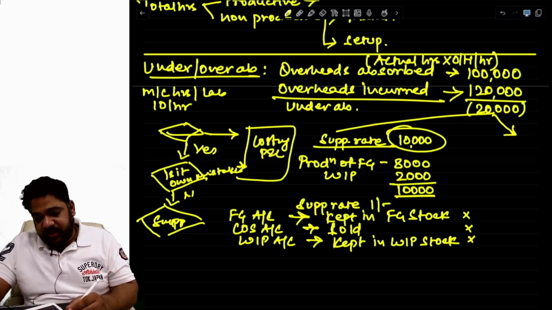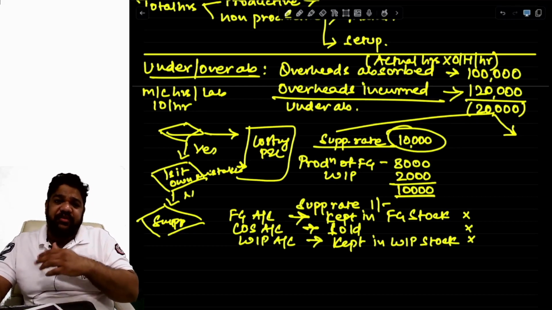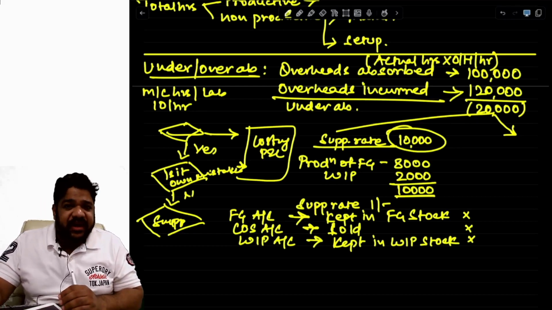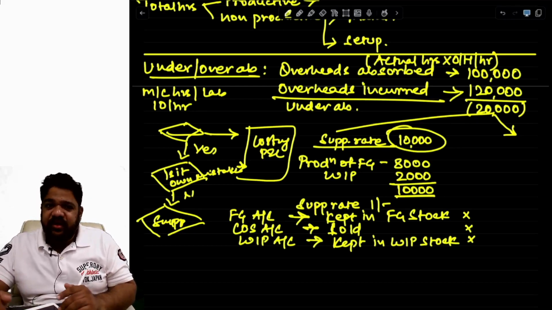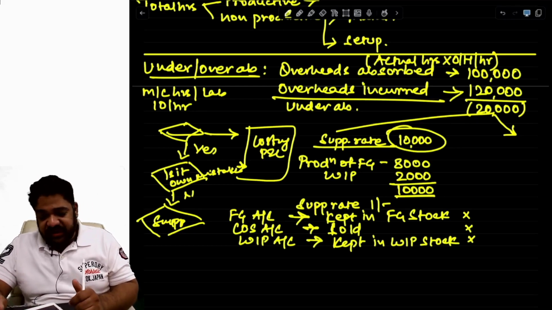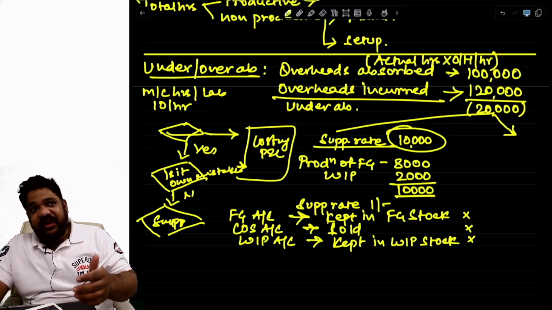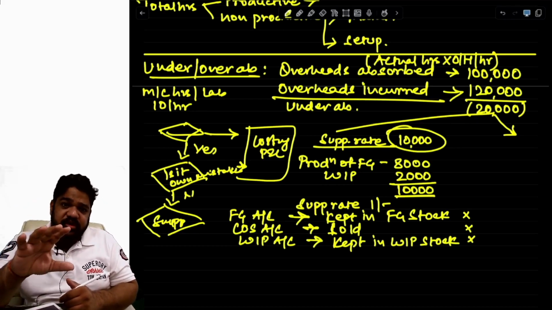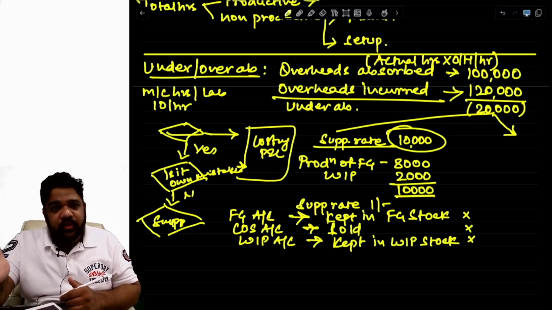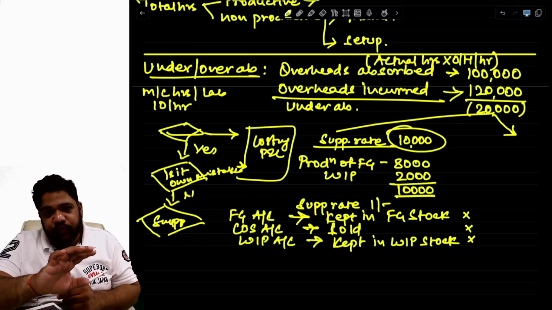One thing you will have to keep in mind is that sometimes they give you some one-off expenses, like paid as per court's order, or previous year expenses booked in the current year. Technically, these are not overheads. These are costs which are included in overheads because we don't have any other head of cost.